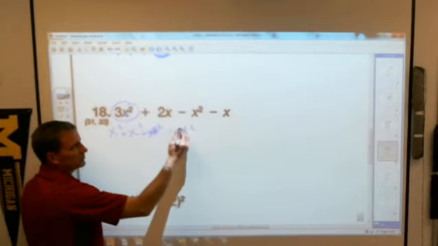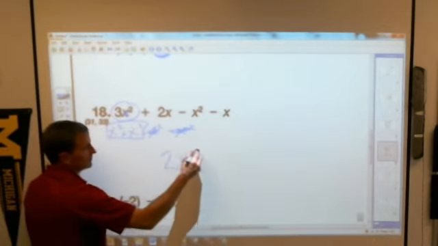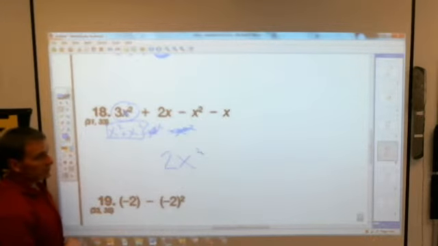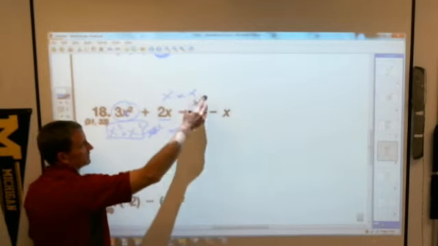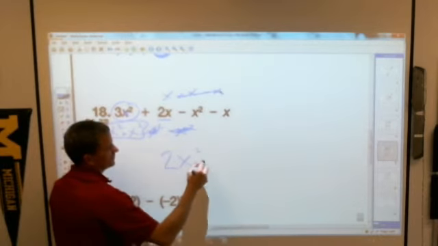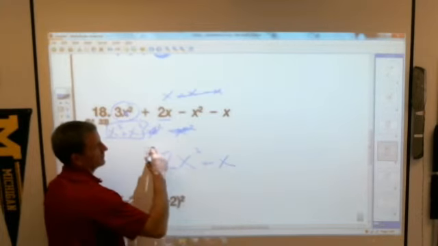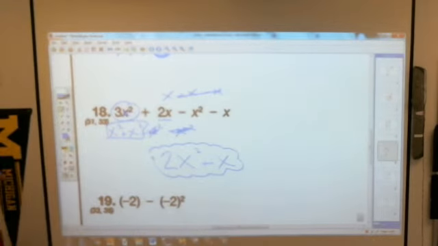That means one of these goes away. What am I left with? 2 x squareds. There's no x to the fourths there. They don't change exponents. Here I have 2 x's, x plus x, and I'm taking 1 of them away. I'm left with just an x. It doesn't become an x squared simply by magic.